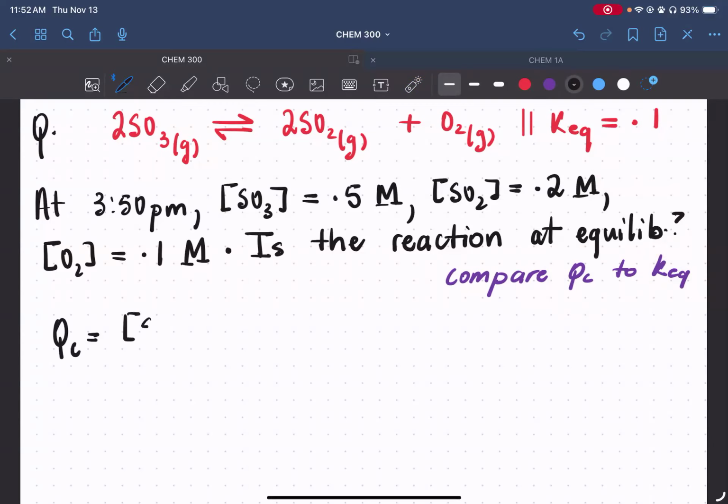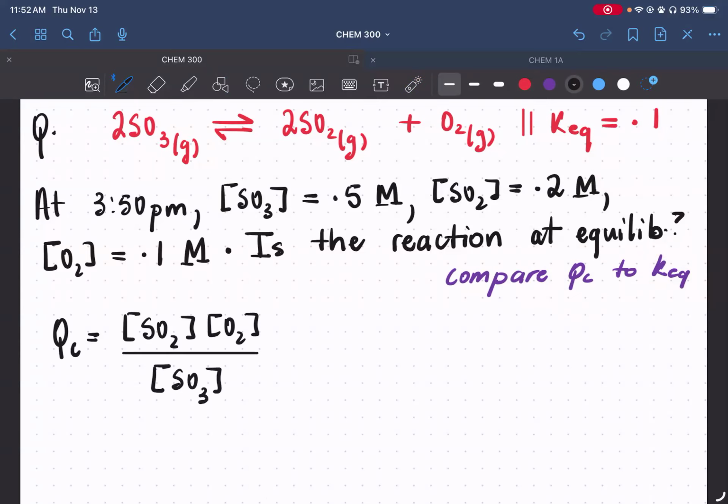QC is equal to the products, SO2 times O2, divided by the reactants, which in this case is just the one SO3, raised to the power of their stoichiometric values. There is a 2 in front of the SO2, so it gets squared. There's a 2 in front of the SO3, so it gets squared. Implied to be a 1 in front of the O2, anything raised to the 1 is itself.